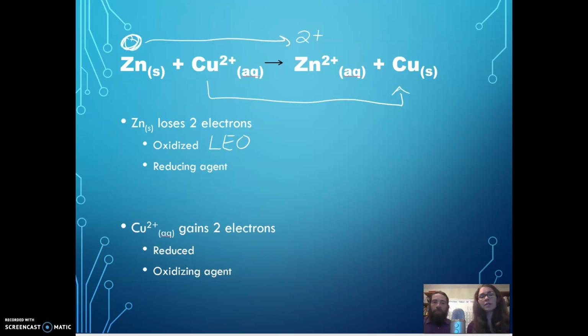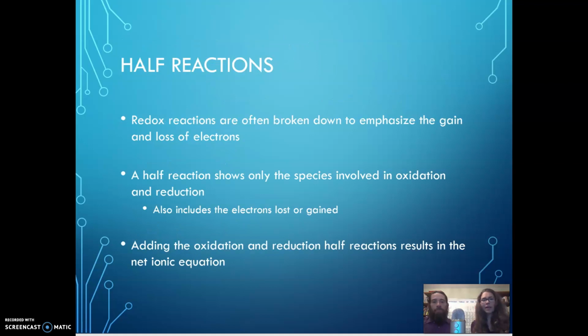So it's solid, and it's getting more positive. It's losing negatives and retaining its positives. So it gets a higher number on a number line by losing negatives, and it's a little bit confusing. The solid zinc has the same number of protons and electrons, and the ion with a 2+ charge has lost 2 electrons. Just like when you're forming your ions, you can think of it that way.